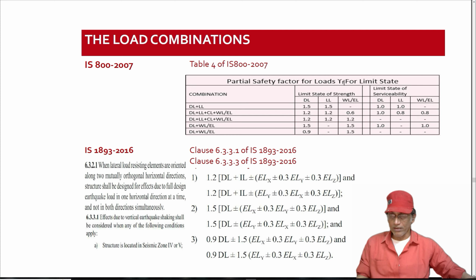So in our case, our structure does not have any frame that is not orthogonal to the others. Both of the lateral load resisting frames, that is the moment frame as well as the concentric braced frame, are at 90 degrees to each other.